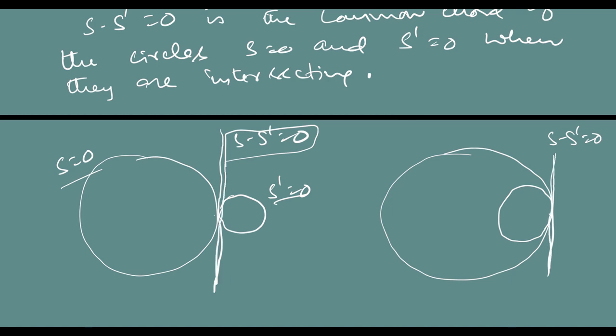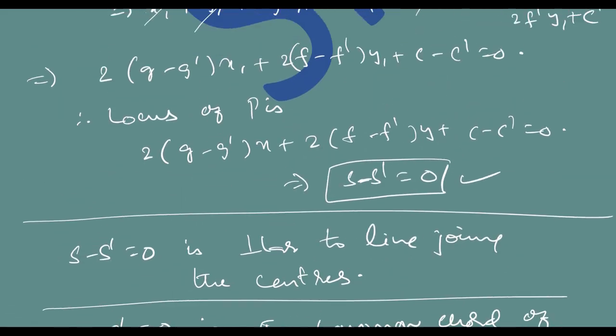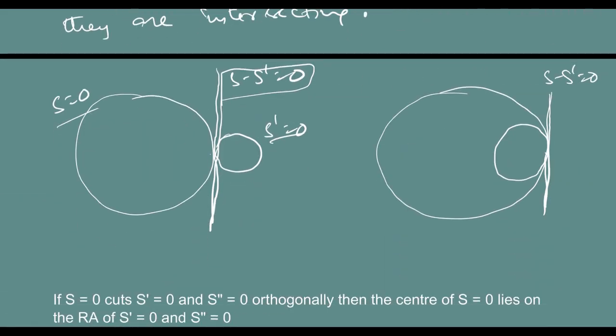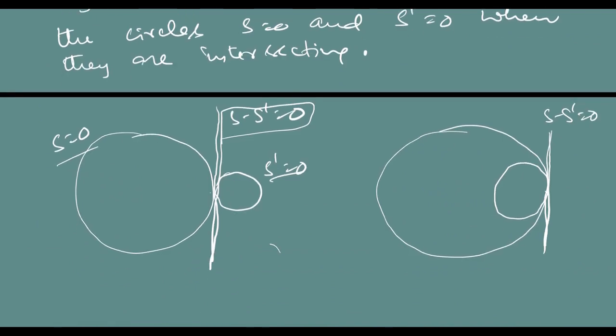Whether they are touching externally or touching internally, it is nothing but common tangent at the common point. Understood? You see, common chord and common tangent are there only when circles intersect or circles touch. Here common chord and here common tangent.